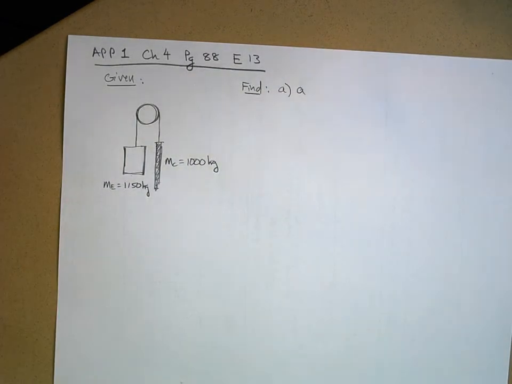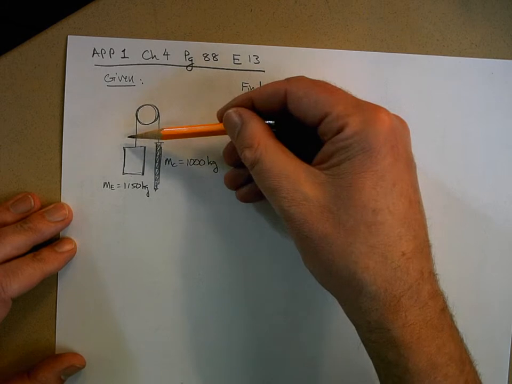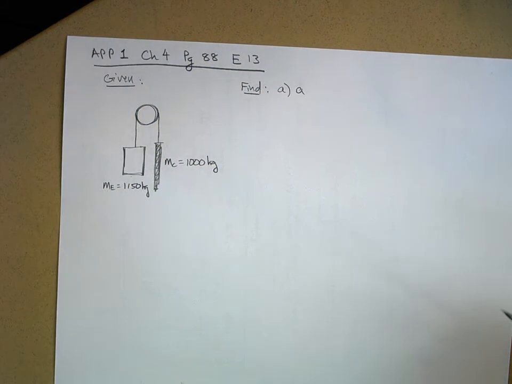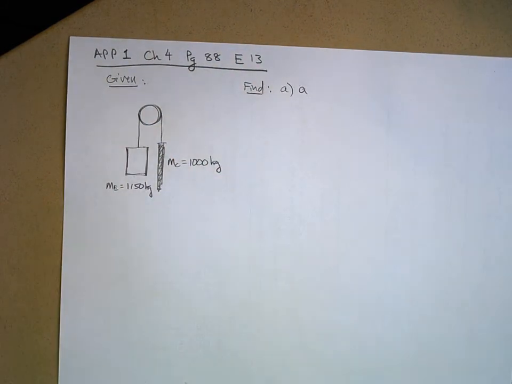Now they have the same acceleration, just one is up and the other's down, but they're tied together by a cable that's not going to stretch. So we're going to assume that if this is accelerating down at 3 meters per second squared, this will accelerate up at 3 meters per second squared. Does that make sense to everybody who's paying attention? Okay, good.